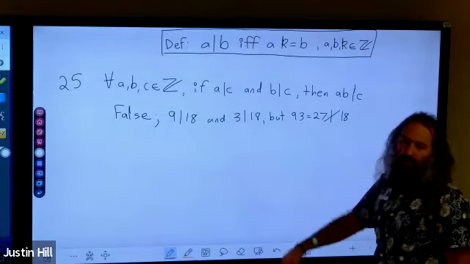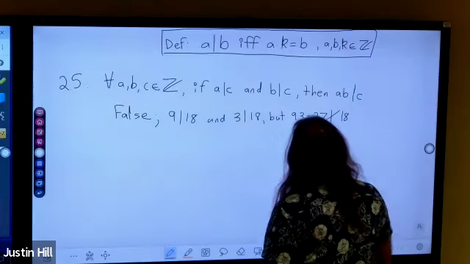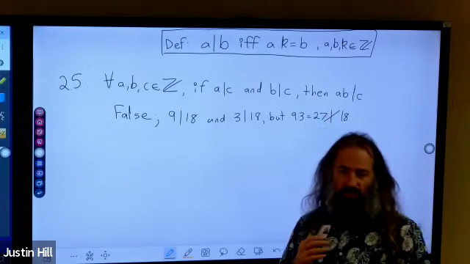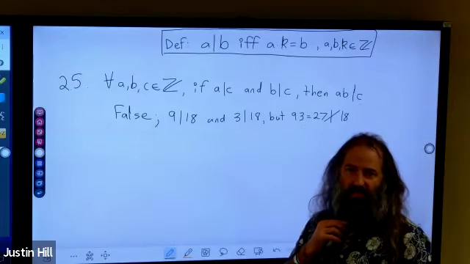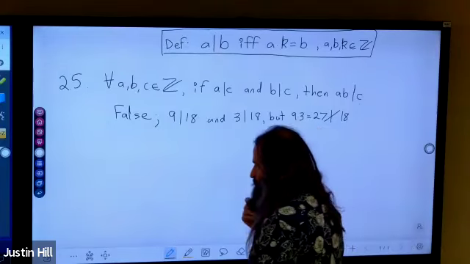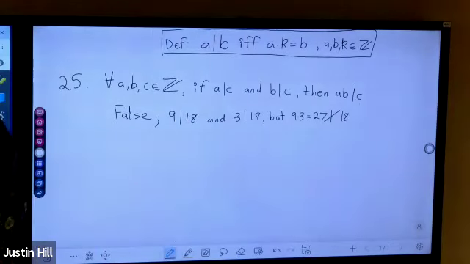So this would be one counterexample, and like I said, there's plenty of them. So this is not true. So again, when you're doing these proofs, just know that she's not going to lead you one way or another. These could be true, these could be false. Let's see if we, not only if I have time, but if we have need for another one.